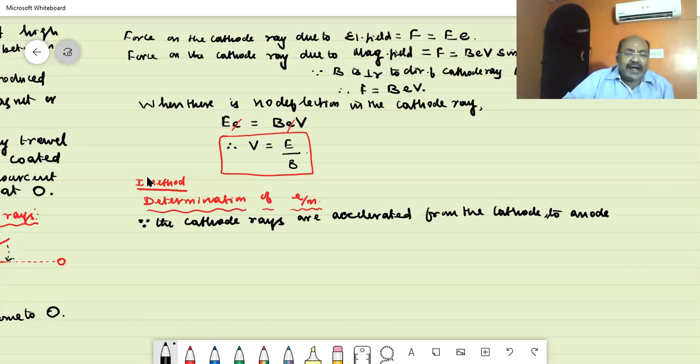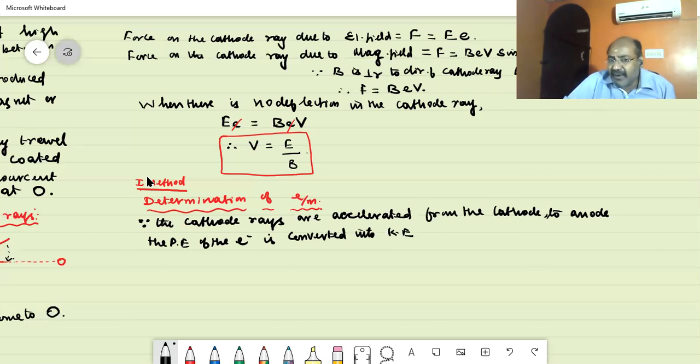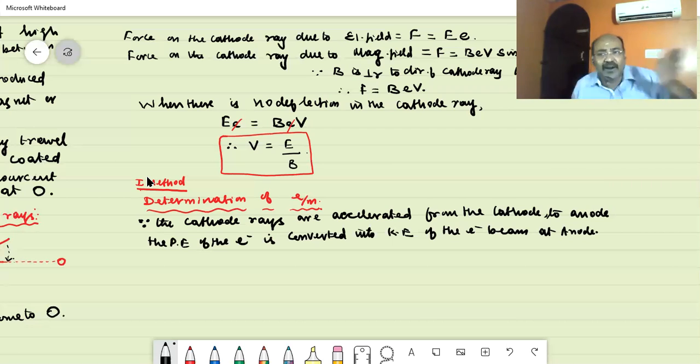From the cathode to anode, we can say the potential energy of the electron is converted into kinetic energy of the electron beam at anode. So at cathode it is having potential energy, while it is accelerated towards the anode, it is moving with the velocity v, which is given here.